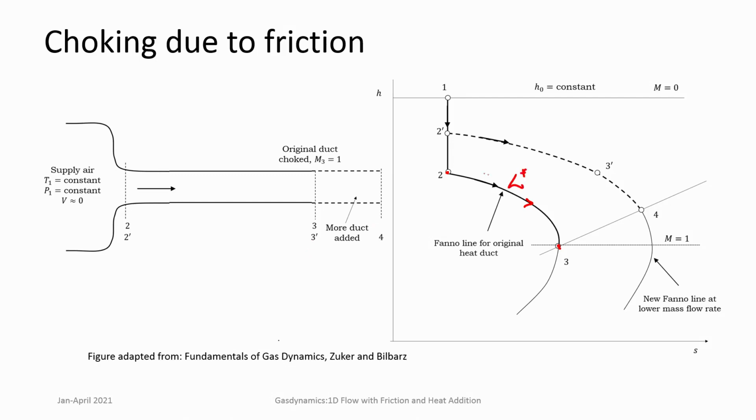Now, the question is, if we want to increase this length or suddenly want to add more duct, then what will happen? Then this is not supported by these conditions. One way was of course to move it to another condition located somewhere here, but that is also not possible because here stagnation conditions are fixed. So, that P naught, T naught are fixed.